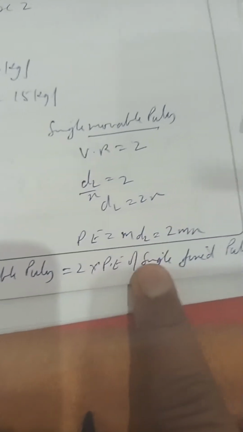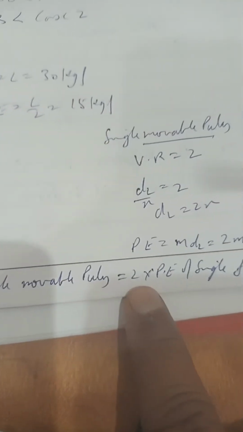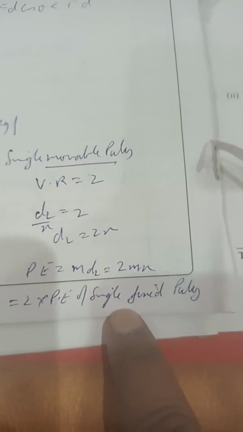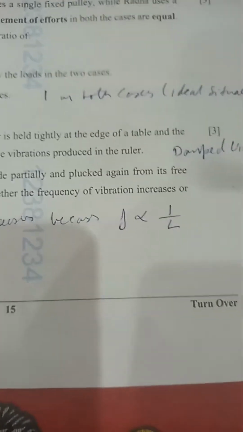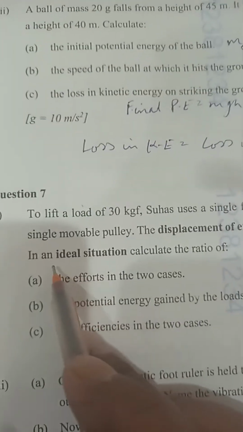So potential energy gained by a single movable pulley is twice the potential energy of the single fixed pulley. Then efficiencies in two cases. Already it is mentioned here that in an ideal situation, the efficiency is 1 in both the cases.